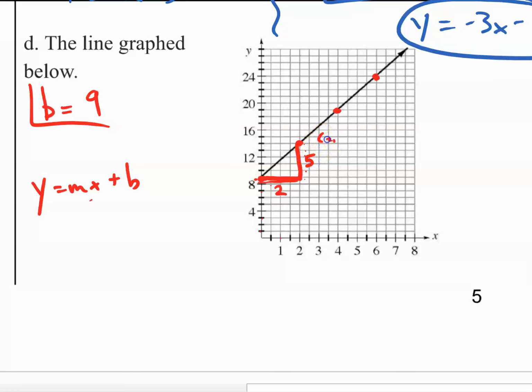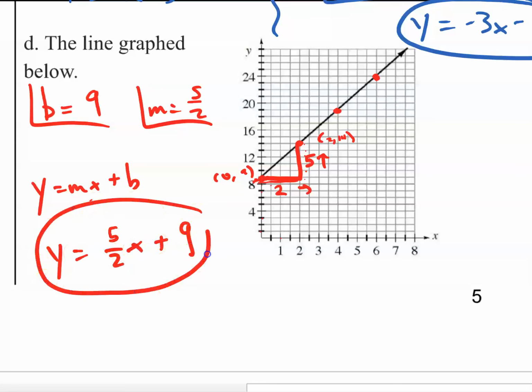That's 2, 14, and then this one was 0, 9. So that means our m, which is rise over run, is 5/2. Answer, y equals 5/2 x plus 9.